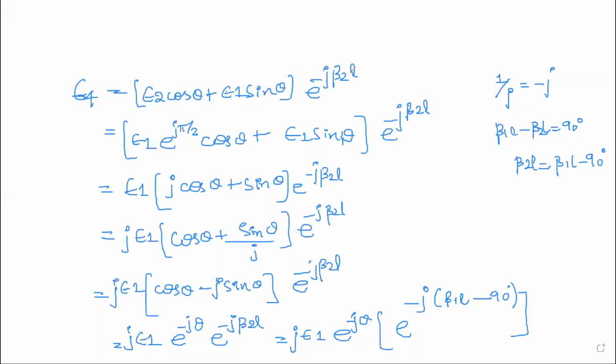Done? Yes, ma'am. So the next step, we have to simplify the equation further. E4 will be j E1 e to the power minus j theta. Since you have substituted it as e to the power minus j2 beta 1L minus 90 degree, simplify the equation.